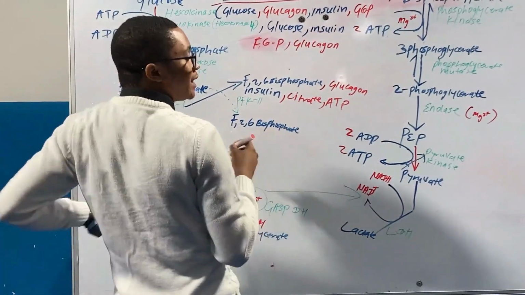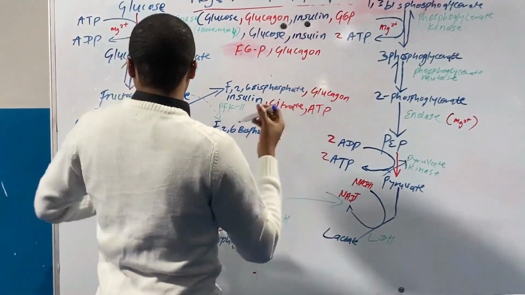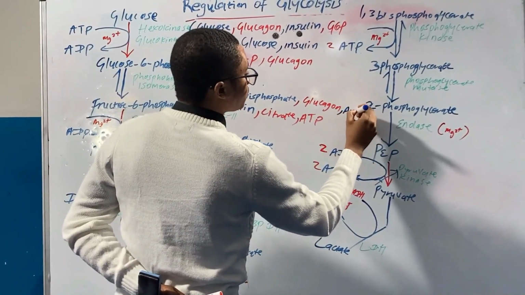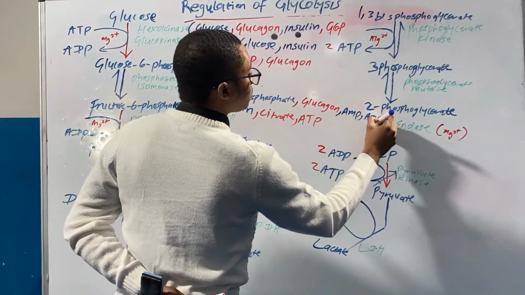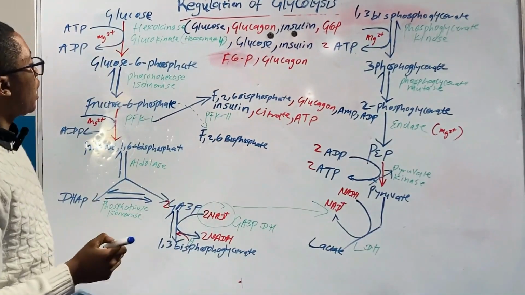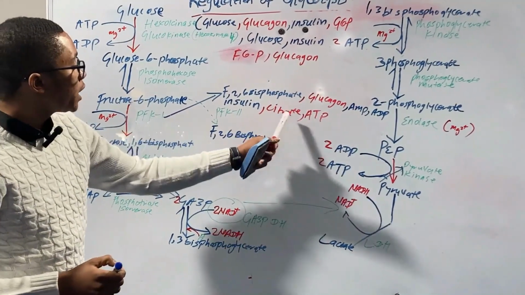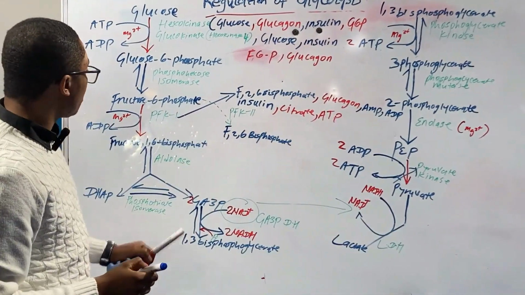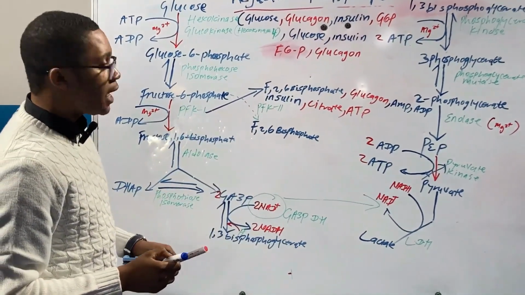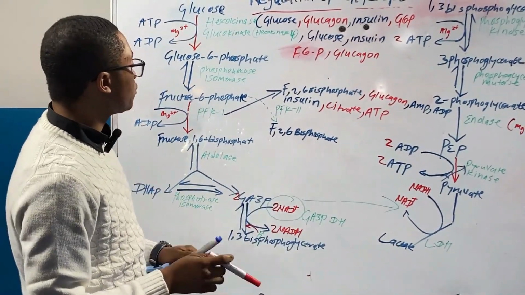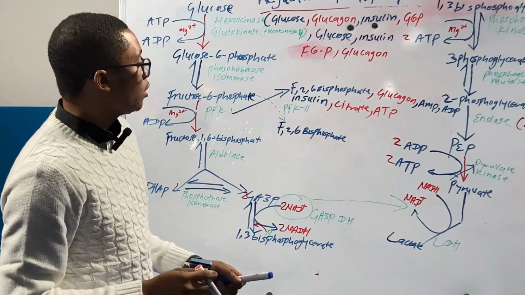So AMP and ADP increase the activity of phosphofructokinase type 1. AMP and ADP are the stimulators of this enzyme, while glucagon, citrate, and ATP are the inhibitors. So these are the stimulators and inhibitors of phosphofructokinase type 1.